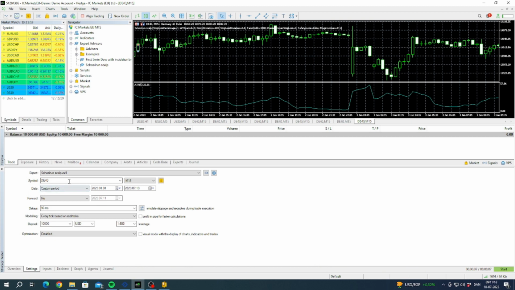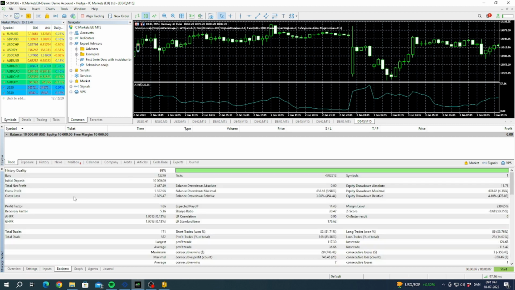You can try it if you want to, but I don't think it's going to do particularly well on any other market, as it was highly specifically designed for the German DAX index. But feel free to play around with the strategy in whatever way you want.